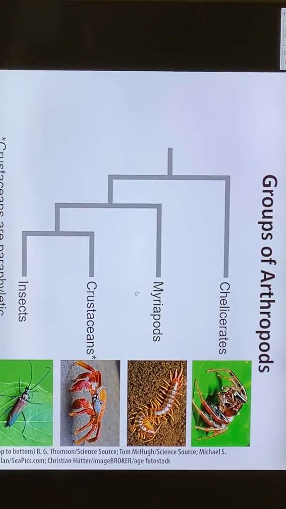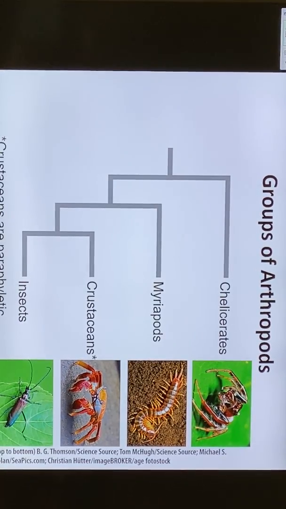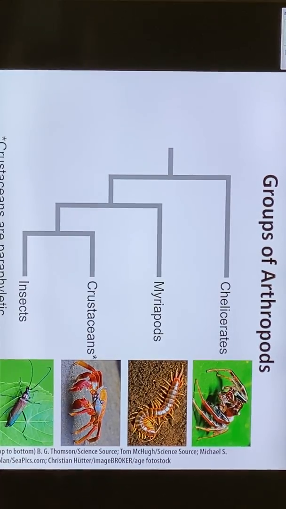The myriapods include centipedes and millipedes, and they have multiple pairs of walking legs. It's not always well defined. Now, centipedes, centa means what? 100. They don't have 100 legs. Myriapods can include also millipedes. Milli is 1,000. They don't have 1,000 legs.